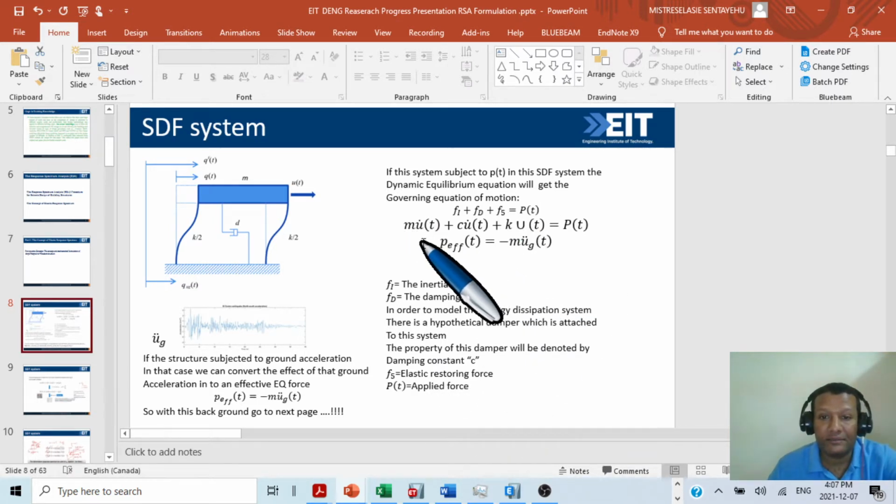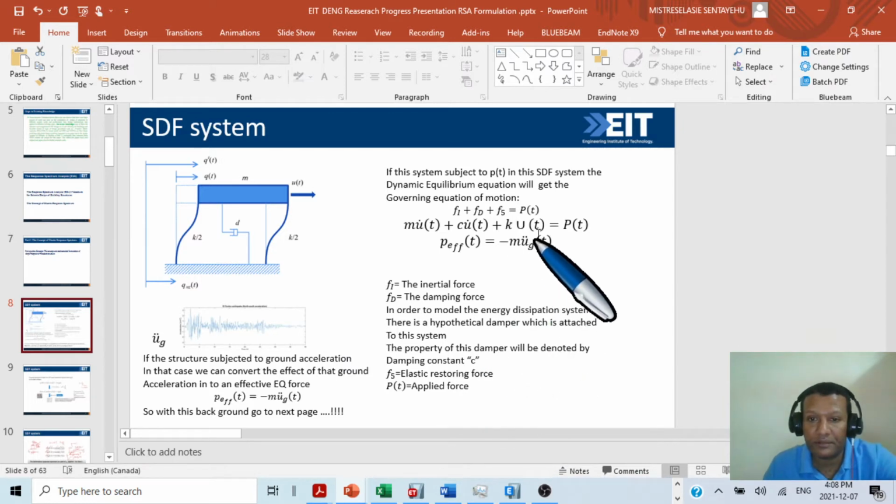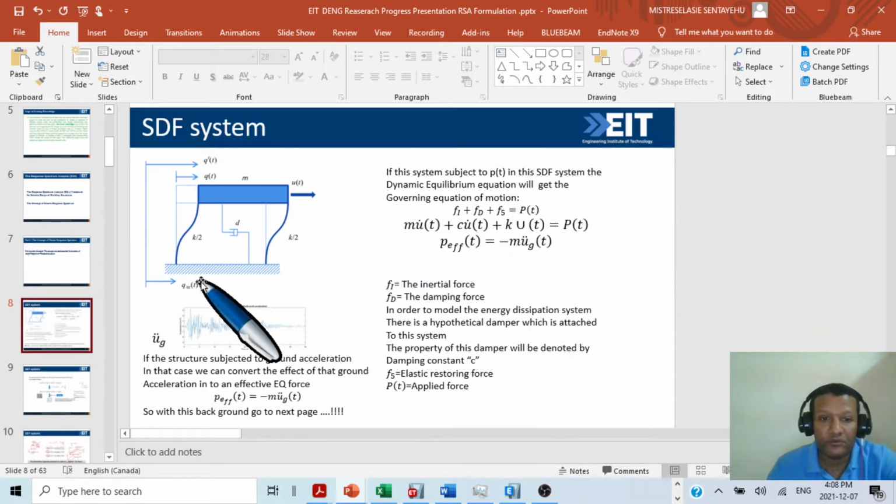So mass times u double dot t, plus the damping coefficient C times u dot t, plus K, the elastic restoring stiffness, times u(t) is equal to P(t). If we change the applied ground acceleration into force, minus m times u double dot g of t, this will be the governing equation of motion.